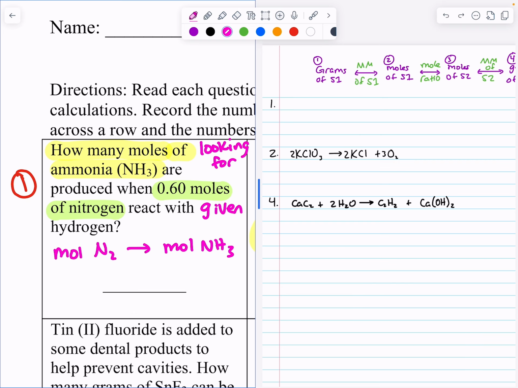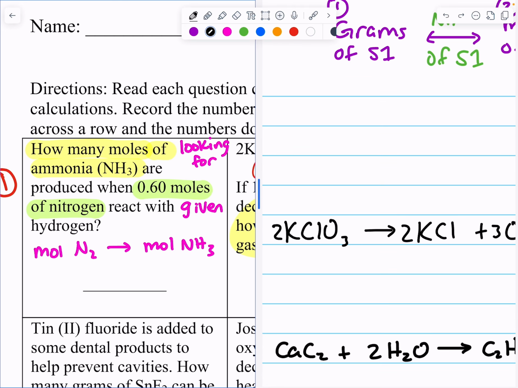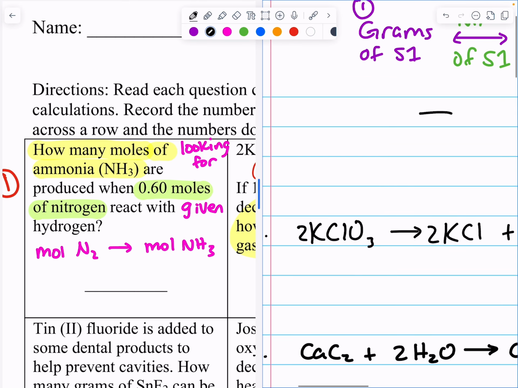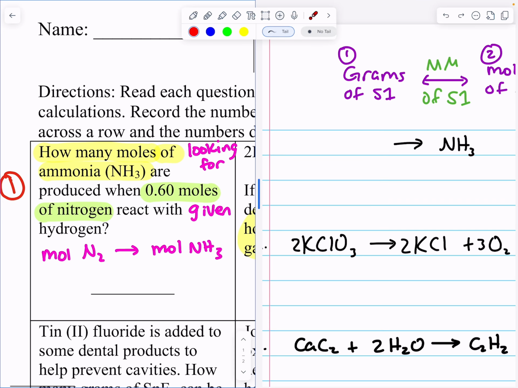It does not give us a chemical reaction, therefore we have to write it ourselves, but it basically tells us what to do. How many moles of ammonia are produced? So off the bat, I already know I'm going to have ammonia as my product. So I'll draw an arrow, NH3. That's one of my products. And then it says are produced when 0.60 moles of nitrogen reacts with hydrogen.